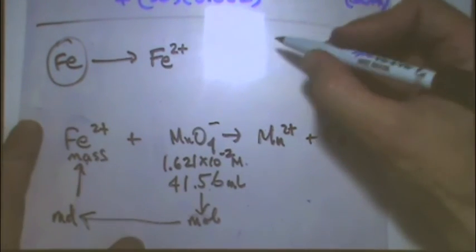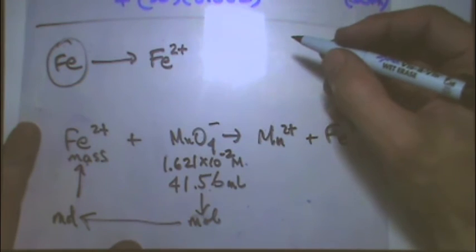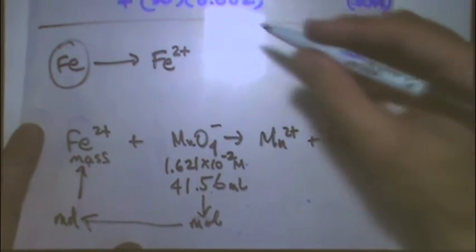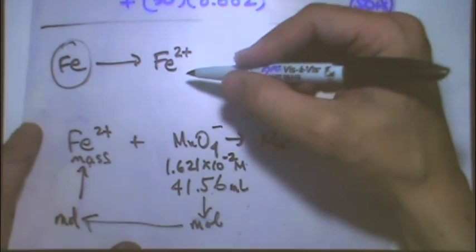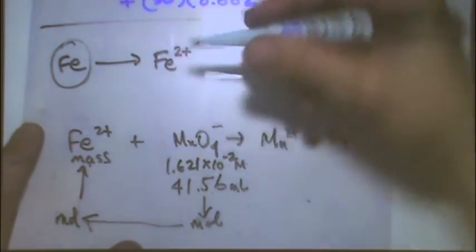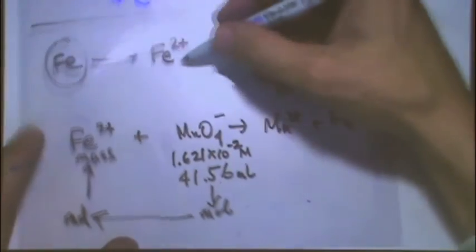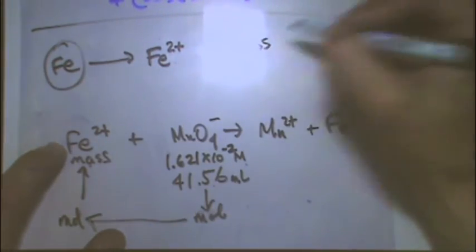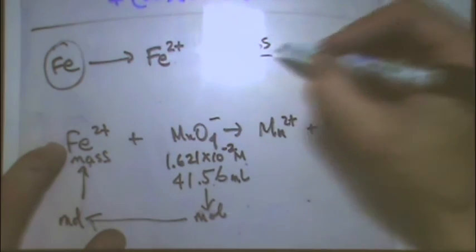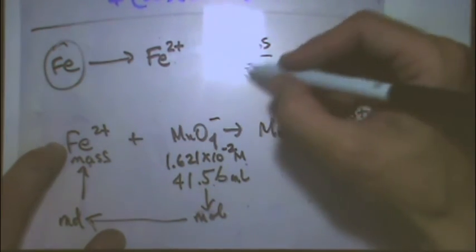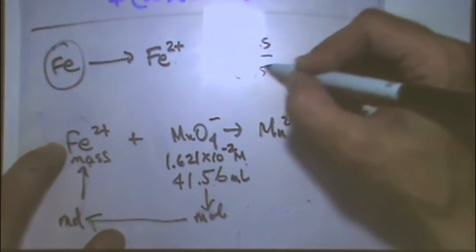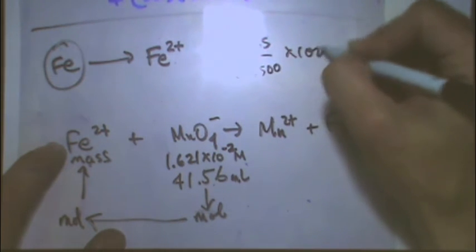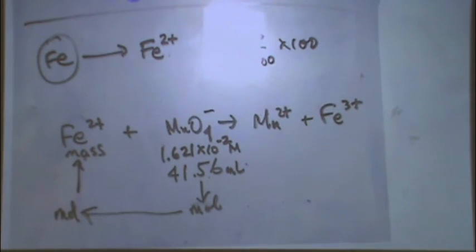And then they want the percent mass of this, which represents all the iron in the iron ore. They got it all out and changed it to this. So you're going to take that mass that you found, divide it by the total mass, which is given in the question, and multiply by 100. Okay? Yes?